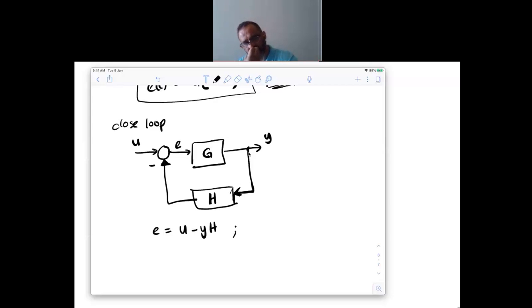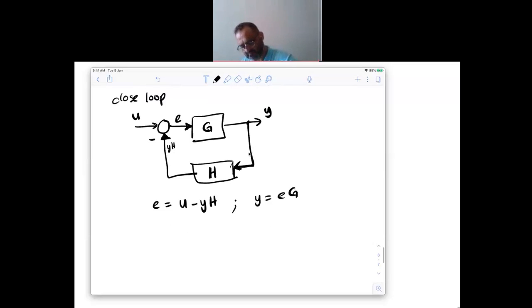And at the same time I know Y is equal to E multiplied by G, isn't it? Okay, so U minus YH, because this value is Y multiplied by H. This is YH, right?